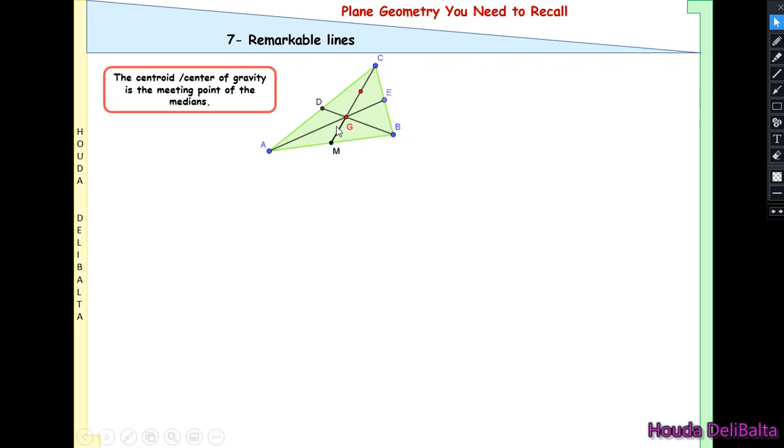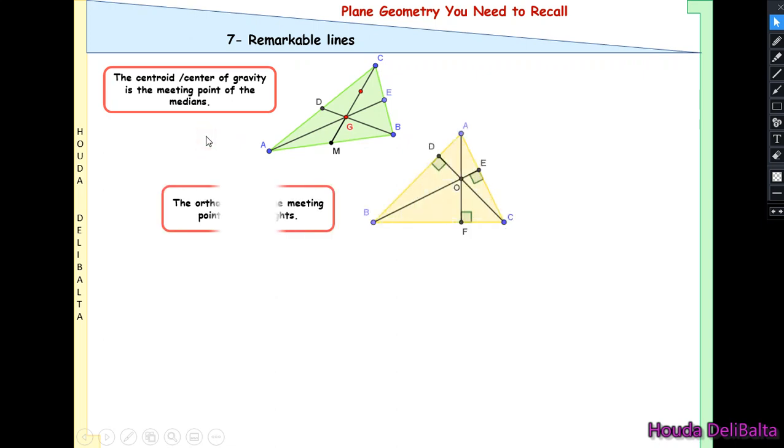So we've recalled the medians. The medians, again, are the segments joining the vertex to the midpoint. They are concurrent at a point called the center of gravity or the centroid. Here are the heights. Notice the heights mean the perpendiculars, or the altitudes.